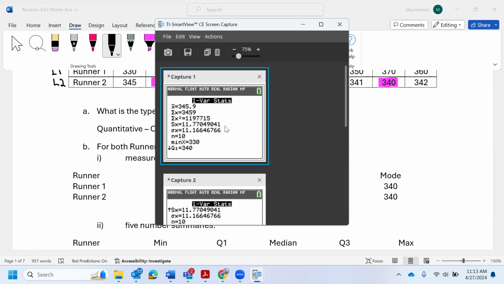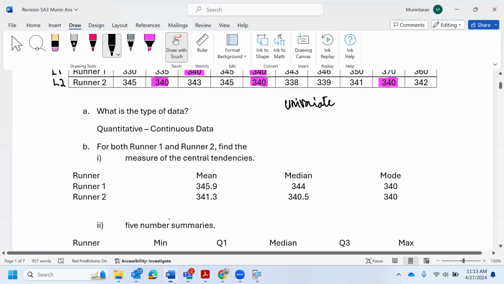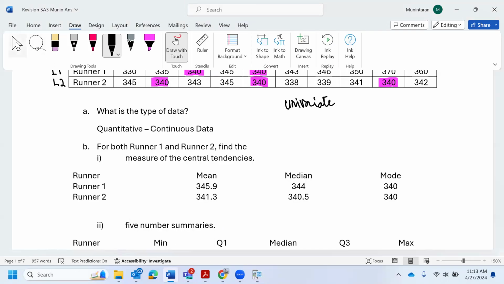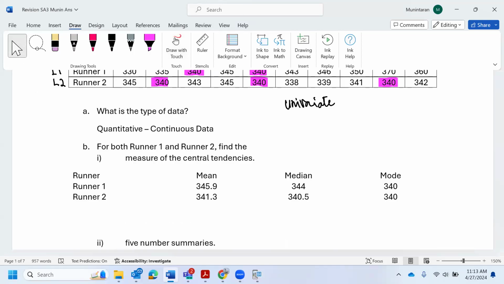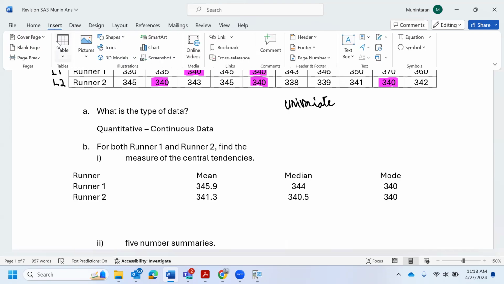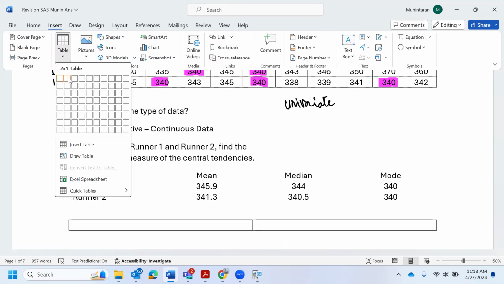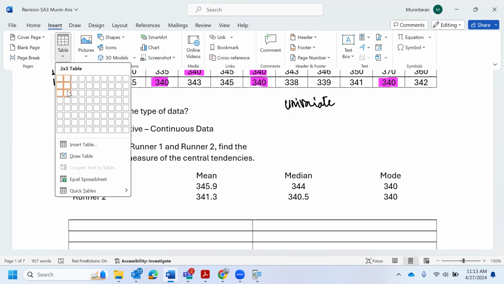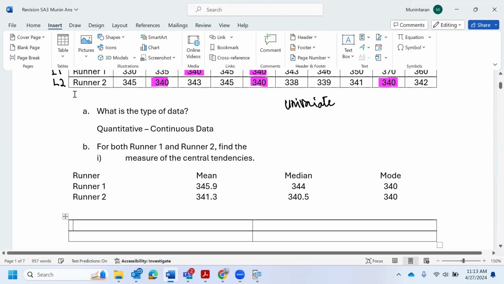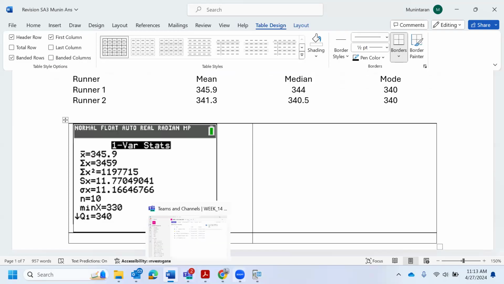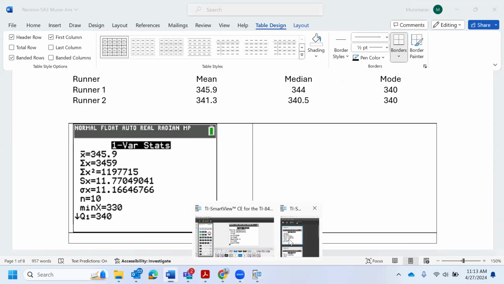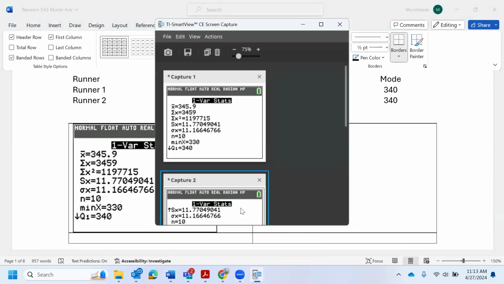This is control copy. Okay, I'm just going to put it down. Let's put it in the table. So insert. That's the runner 1. And control.